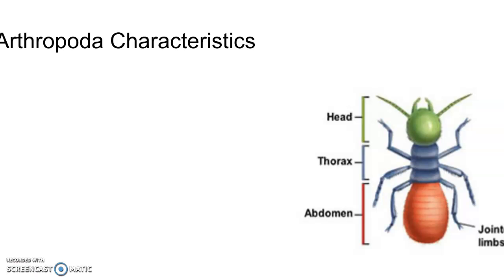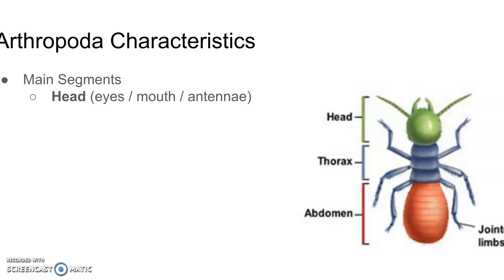Okay, some of the characteristics of these organisms. They are divided into segments. You notice that they have a head. In the head, you can find the eyes, the mouth, and the antennae. Most, I want to say they all, have antennae. You also have the thorax, which is the next part, and the thorax has three fused main segments, meaning if you notice here, there are like three folds.